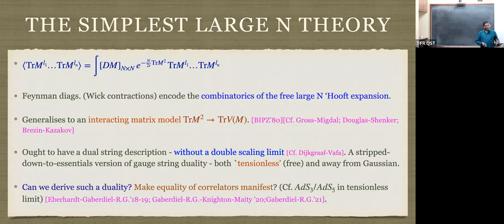There will be one presentation in which you will get contributions from discrete points on the moduli space, but there will be another presentation where you can write it as an integral over moduli space in a more conventional fashion. I think these differ just by total derivatives or something like that, presumably.